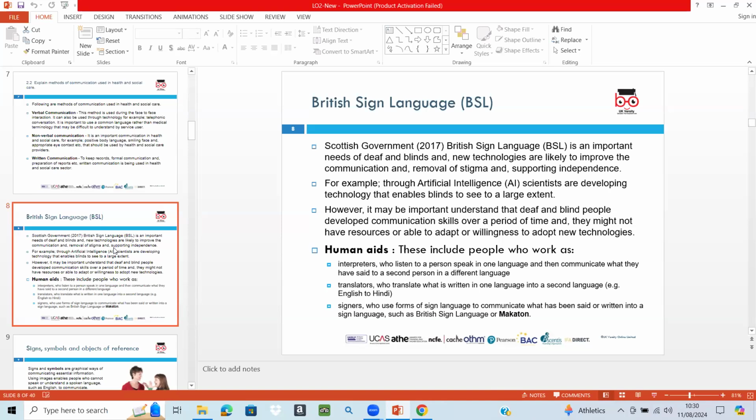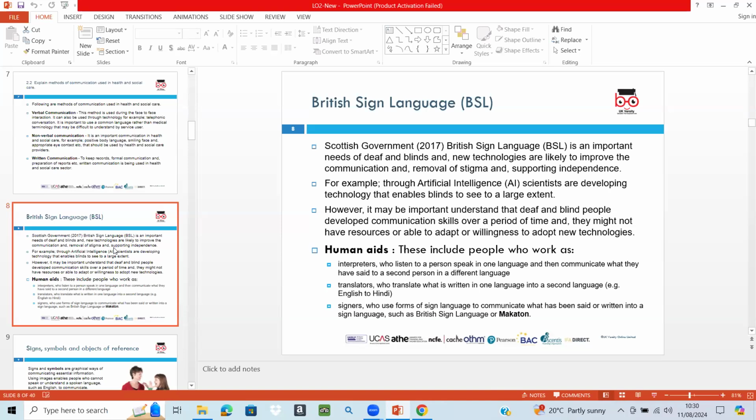By using British Sign Language, healthcare providers can help deaf service users maintain their independence. For example, a deaf patient might feel more comfortable discussing their health concerns directly with their doctor using British Sign Language rather than relying on a family member to interpret. This direct communication fosters a sense of autonomy and respect.